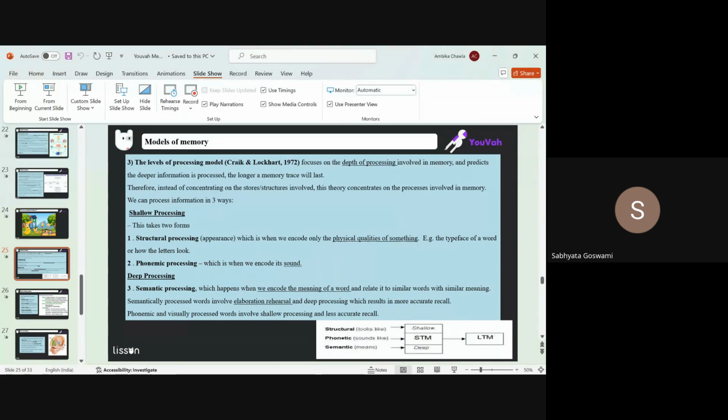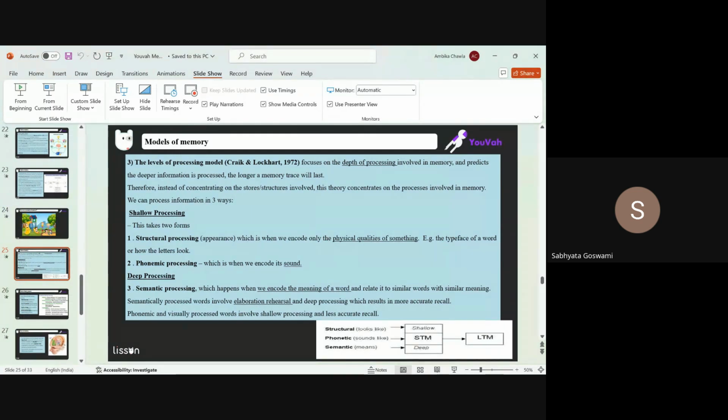So the reason why we saw that picture was to understand the third model of memory, which is the levels of processing model, given by Craik and Lockhart in 1972. Unlike the multi-store model, it is a non-structured approach. The multi-store model had sensory memory, short-term memory, and long-term memory. This model does not have those structures.